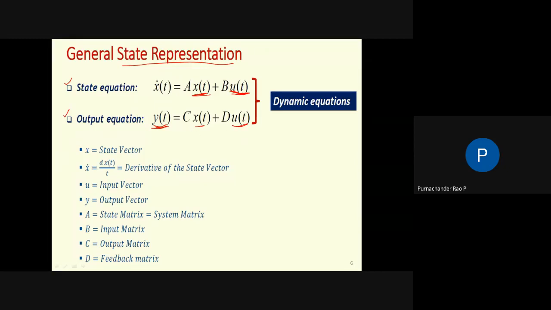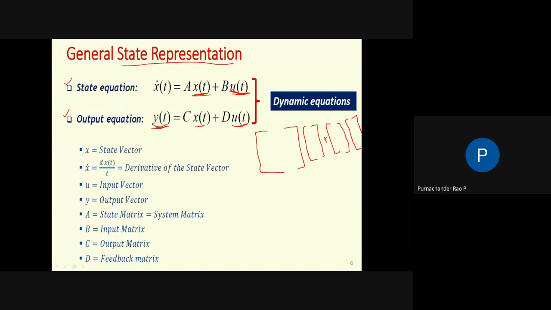And from this, the matrix A: because there are n state variables, the equations will be in this form, A into x plus B into u.